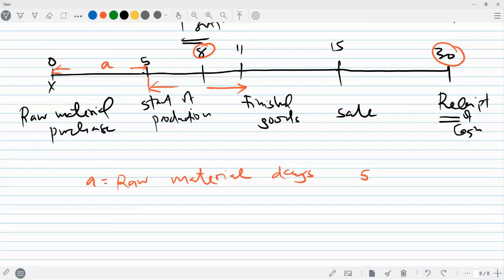It's called the work in progress days, which in this case is equal to 6 days. Then for the time we have the finished goods and the time you make the sale, this is B, this is C. Between the time you have finished goods and the time you're able to make a sale to the customer, what do we call C?